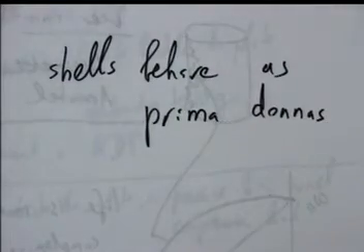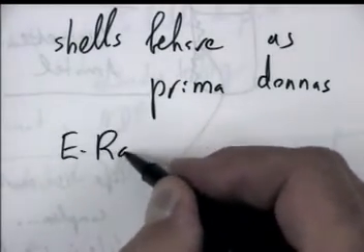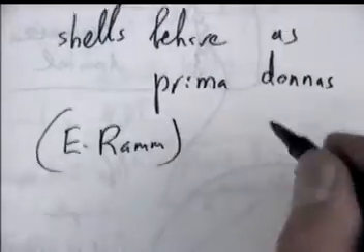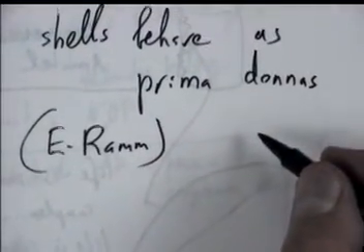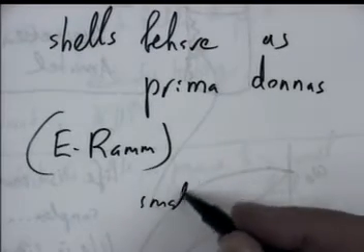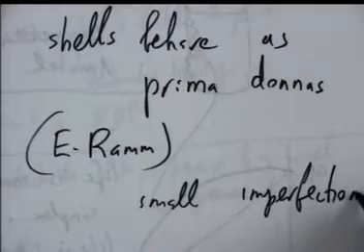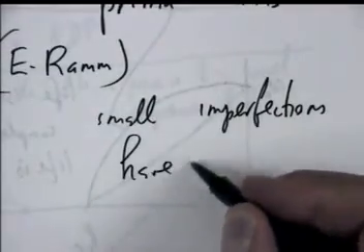Today I actually learned about this. That is what one professor, Ram, says. Now, what does it mean they behave like prima donnas? What happens is that small imperfections have large influences.